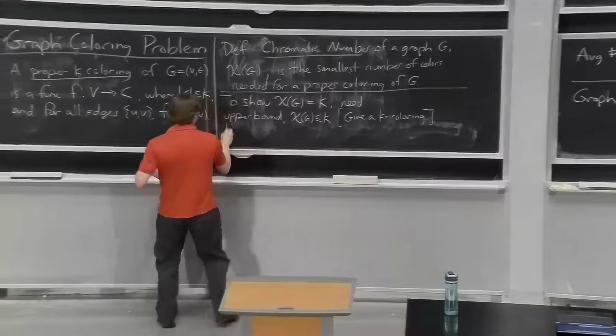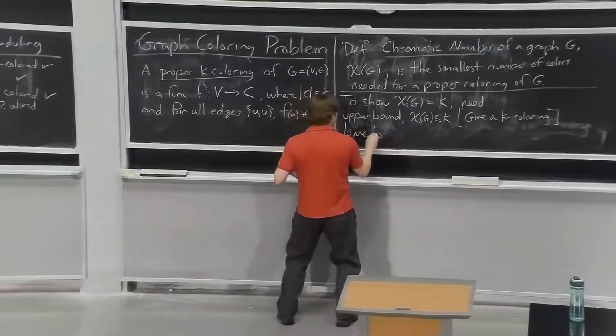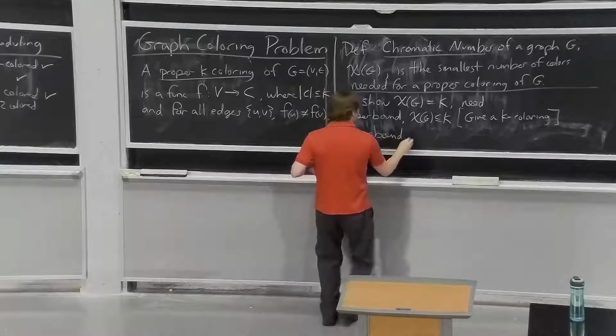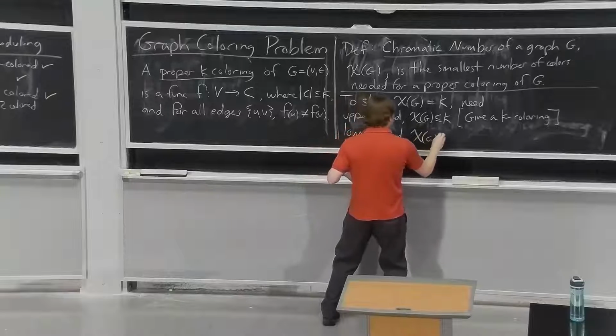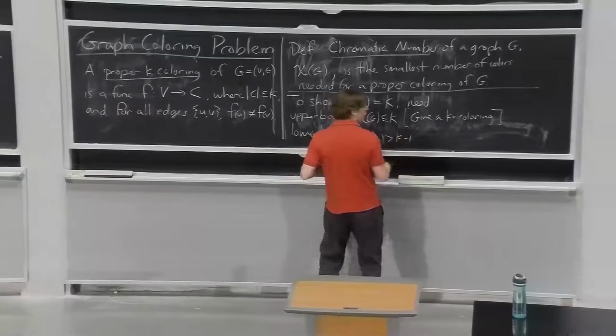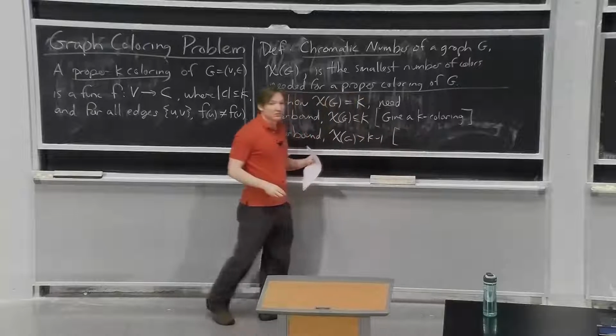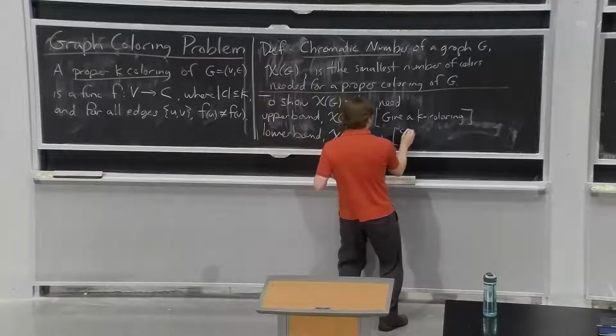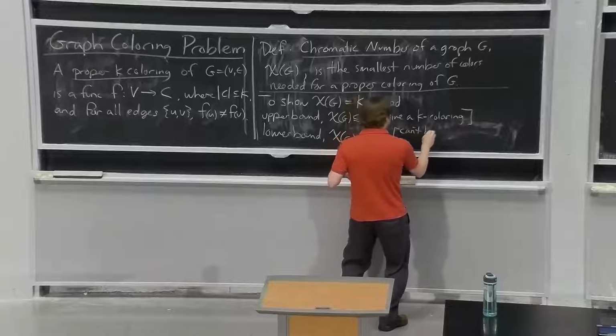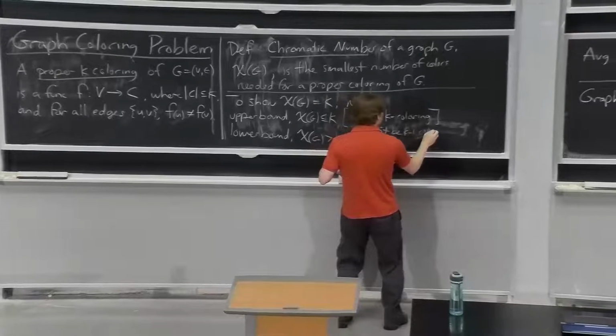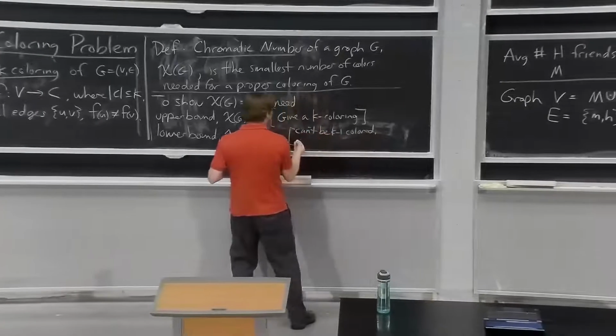But you also need a lower bound, that chi of G has to be greater than k minus 1. And how do you prove that? You have to prove that it can't be k minus 1 colored, usually by contradiction.